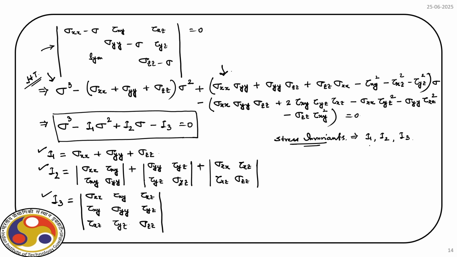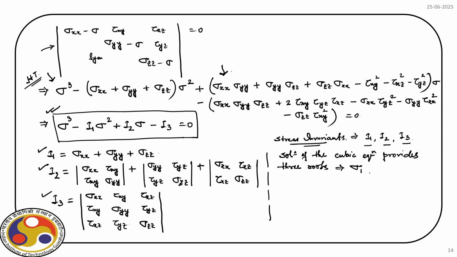And then once we evaluate these 3 quantities, we can put them back in this expression, which is a cubic equation, and once we solve this cubic equation, the solution provides three roots, and these are sigma 1, sigma 2, sigma 3.